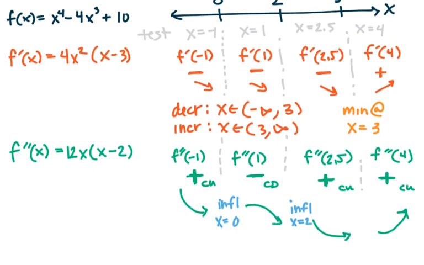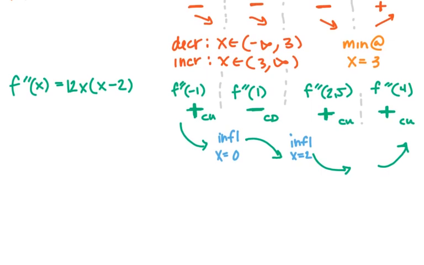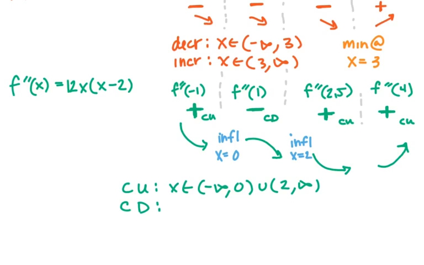And if I were to write my intervals for concavity, we would say that we are concave up when x is from negative infinity to 0, union 2 to infinity, and concave down where x is from 0 to 2.